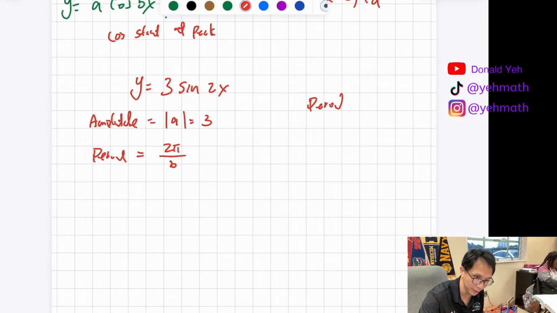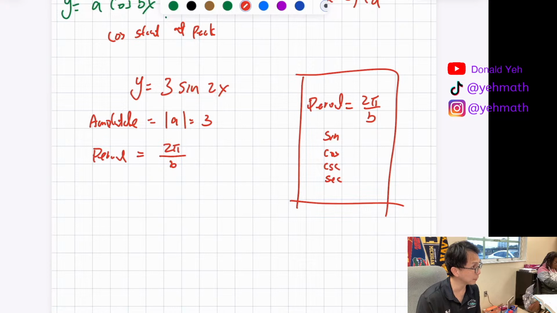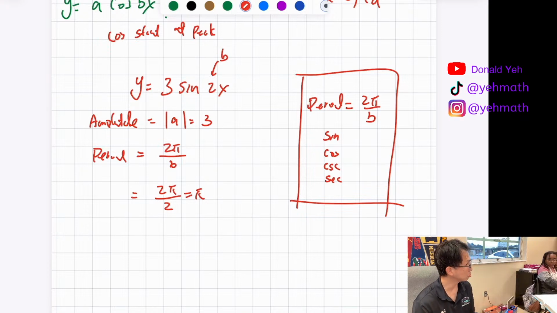So period equals 2 pi over b for sine, cosine, secant, and cosecant. For all of these, it's always 2 pi over b. So in this case, we're going to get 2 pi over 2 because b is 2, right? So that's equal to pi. Is that okay? So period is pi.